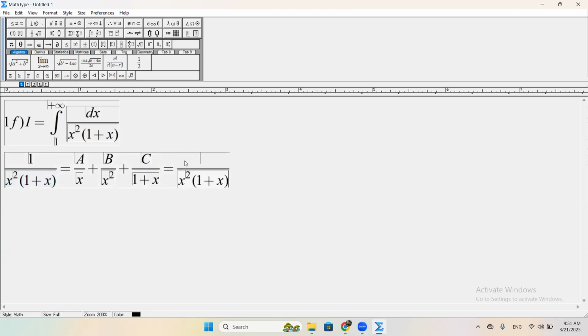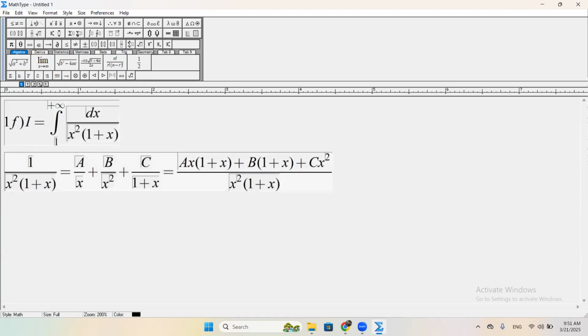Now transform into the common denominator. Expand the brackets. So ax squared plus ax plus bx plus b plus cx squared.